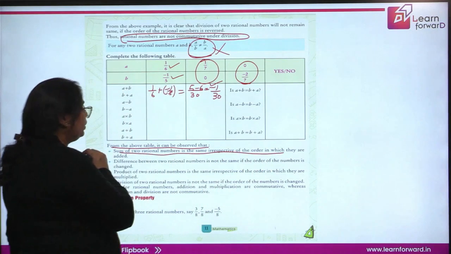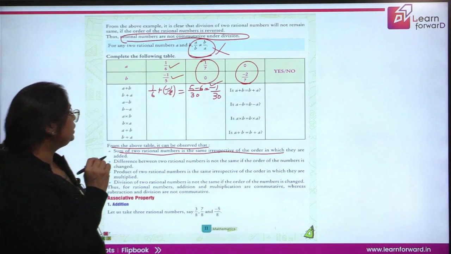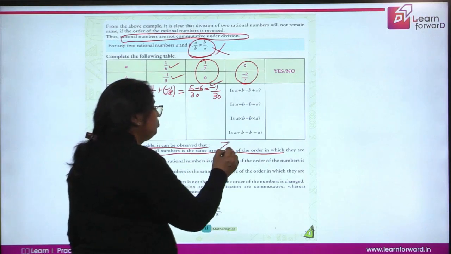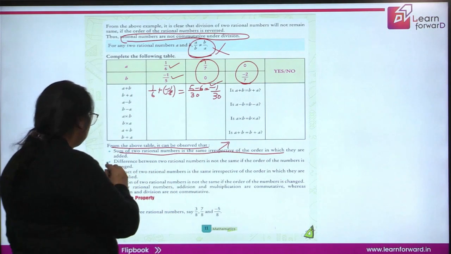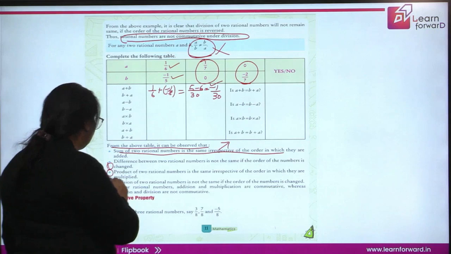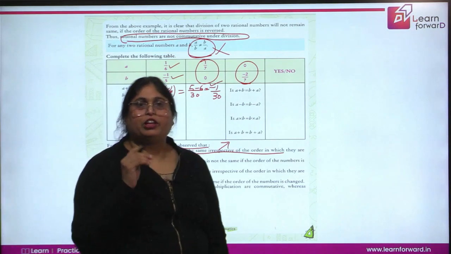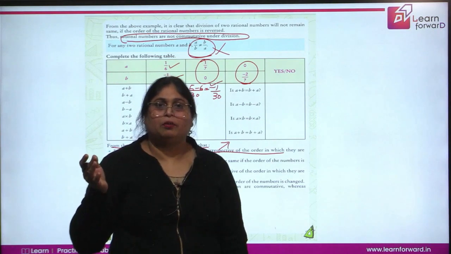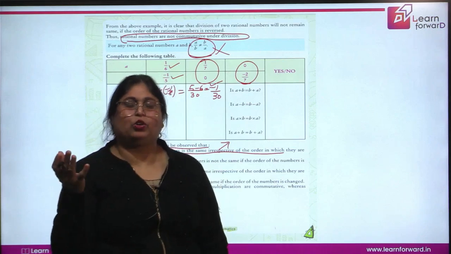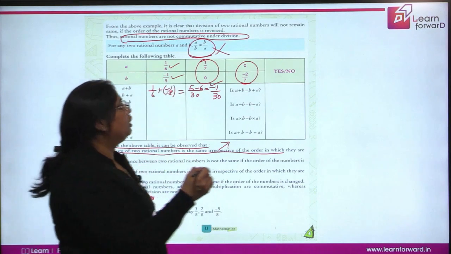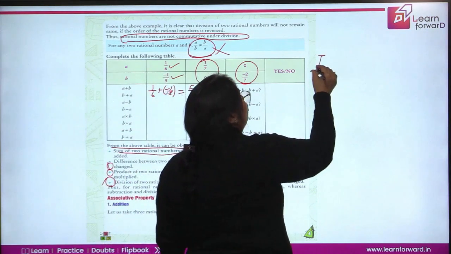The sum of rational numbers is always the same. For these, this one and this one, we will verify after completing the table. Now, the first one is closure property.